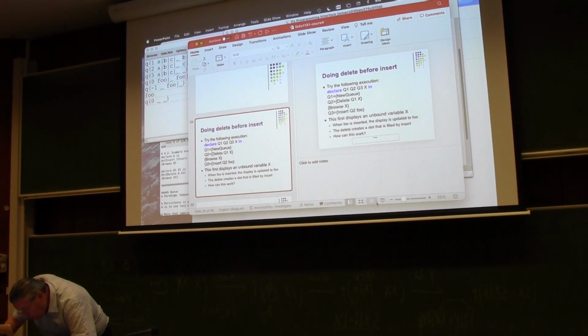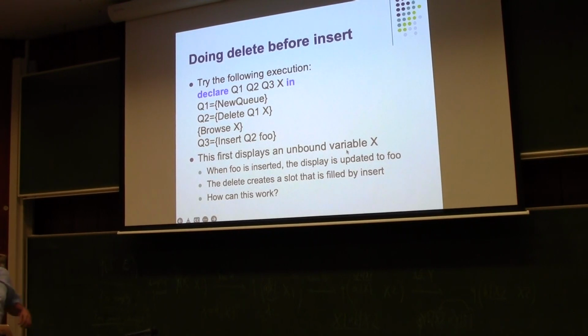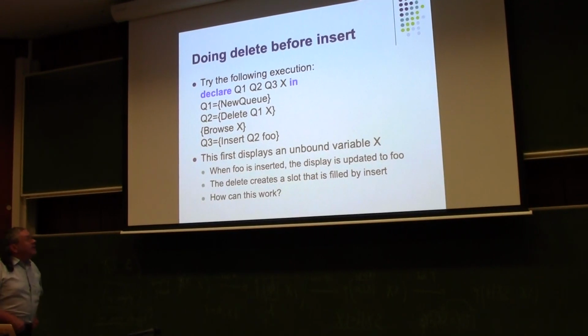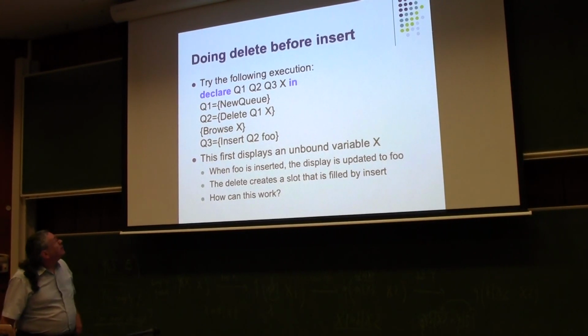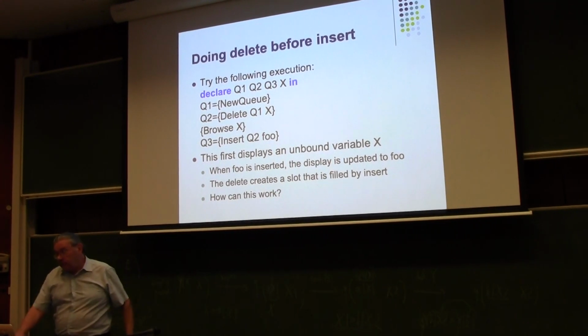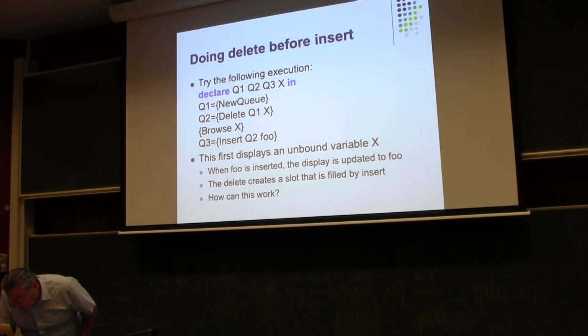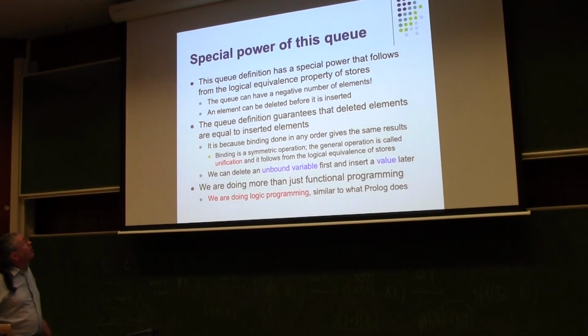Let me explain a little bit more on this, because this is actually leading to a new programming paradigm called logic programming. So the question, how can this work? How can you do a delete before an insert? Okay, let me explain first, and then I show you more concretely.